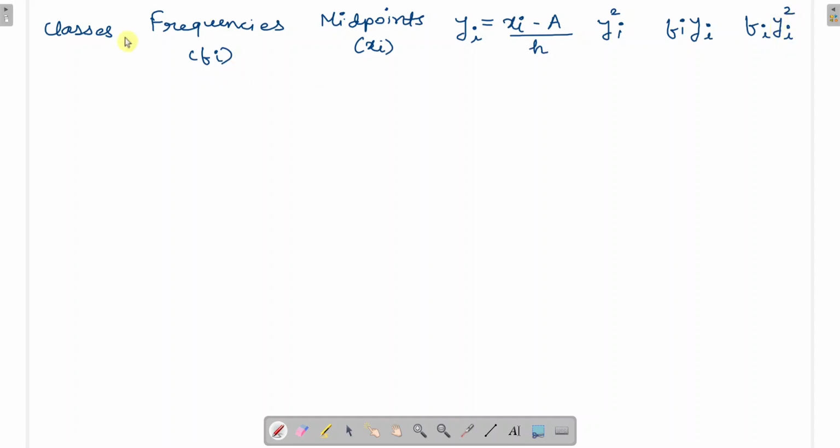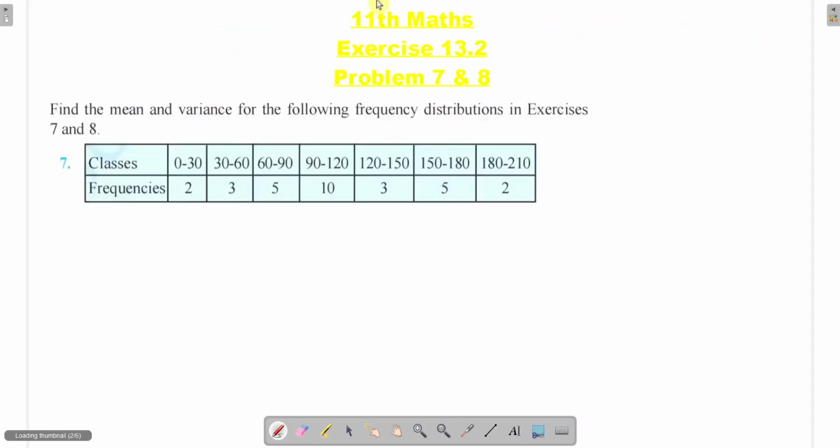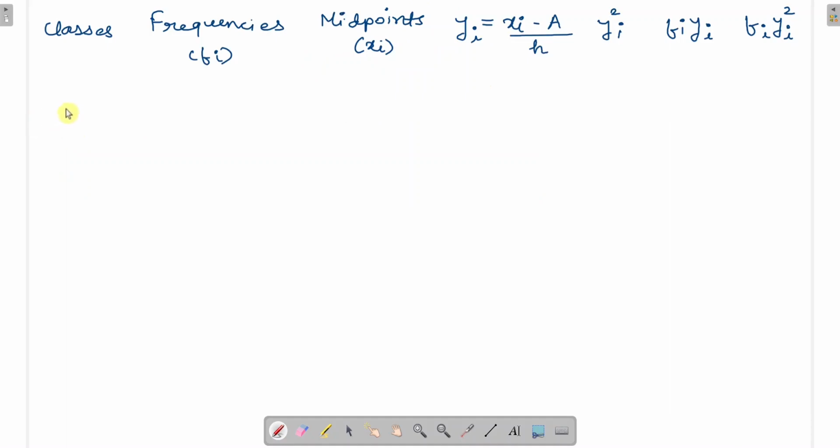Okay, so let us fill the classes column. So that is 0 to 30 up to 180 to 210.